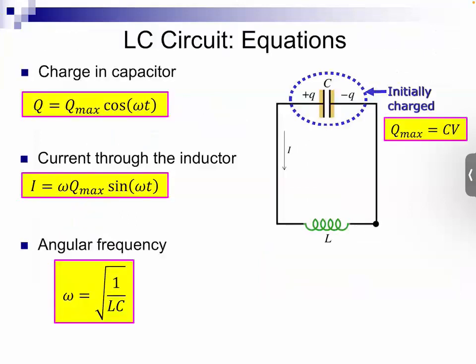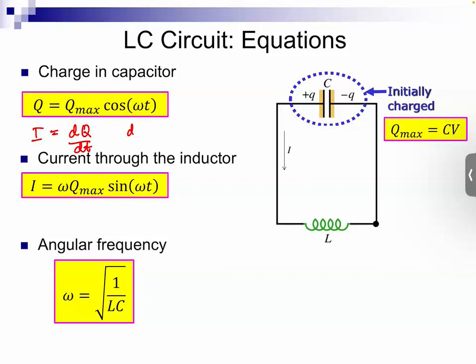Right, so let's look at this equation. That's the amount of charge, and that's the rate at which charge is being dissipated from your capacitor. If we look at the current, of course, current is dq over dt, or rate of change in charge. So if you take the derivative of this charge equation, you're essentially taking the derivative of cosine omega t.